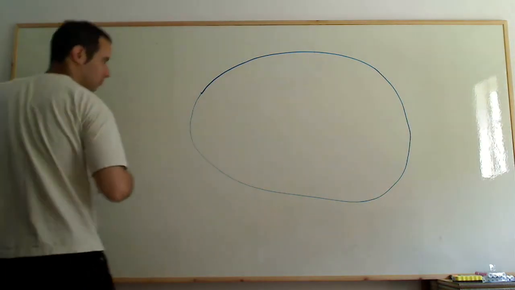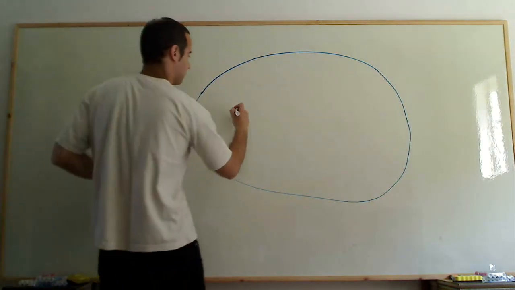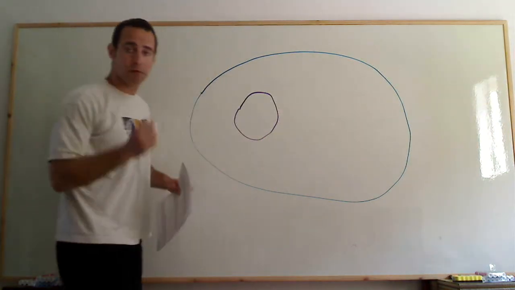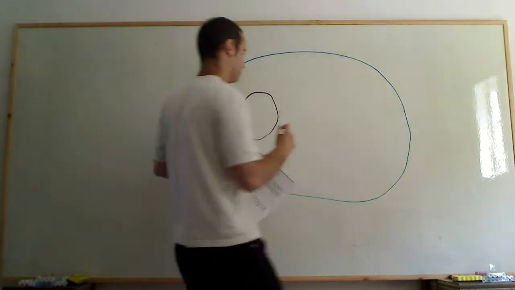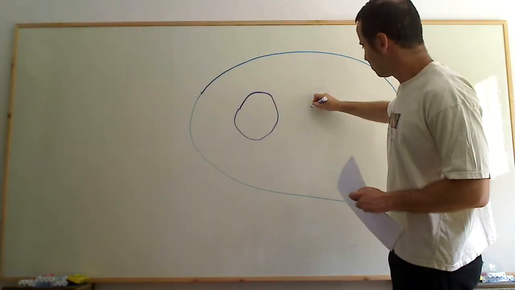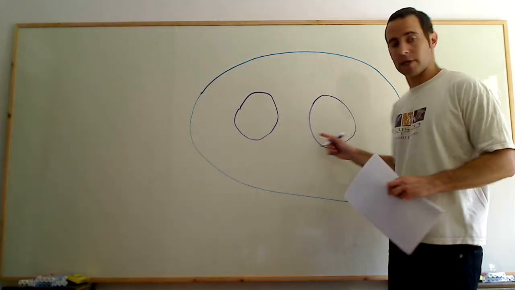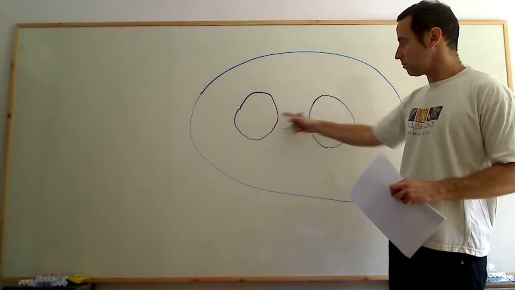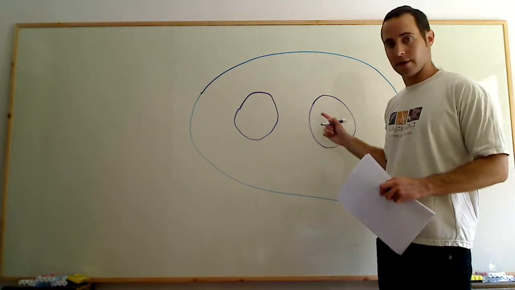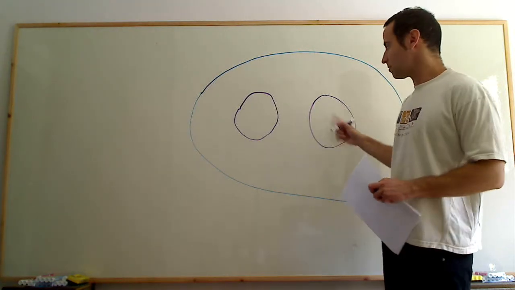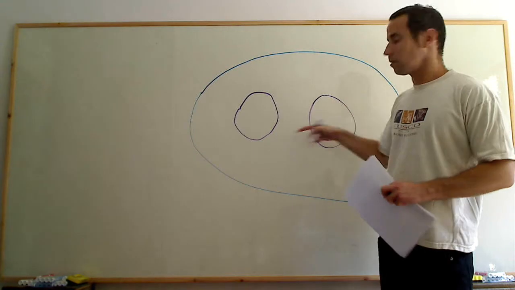And we draw one closed curve. And then we want to draw another closed curve. So one option is to draw it without it cutting the other curve. This is one closed curve, this is another closed curve, but they don't cut each other.